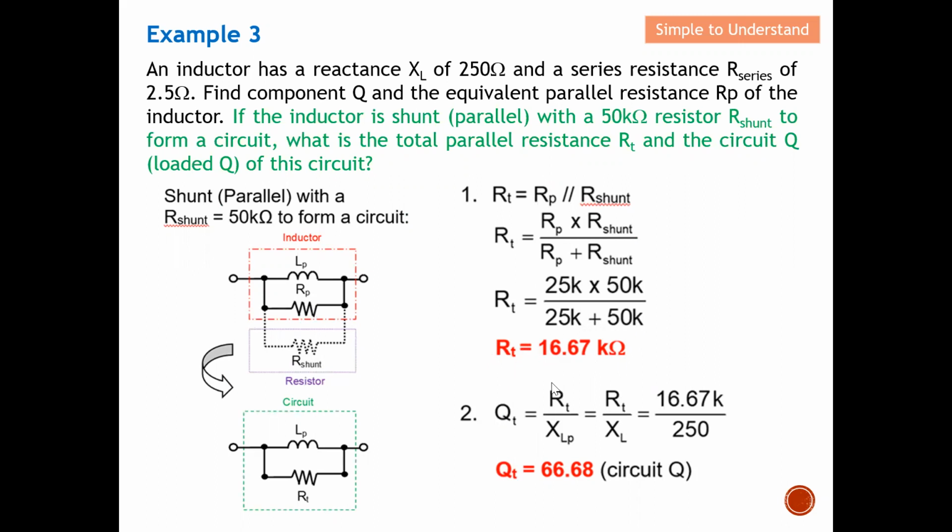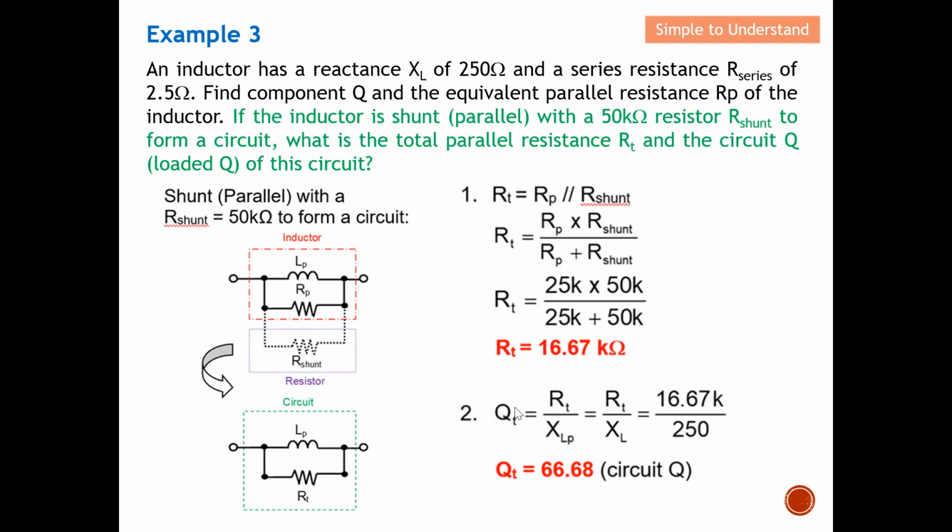Next, I need to find the circuit Q, because now I have added an external component. So instead of component Q, it becomes a circuit Q. Circuit Q means that the total is contributing here. How can we find the circuit Q? You can see that they are all connected in parallel now, so I need to use my parallel resonator formula.